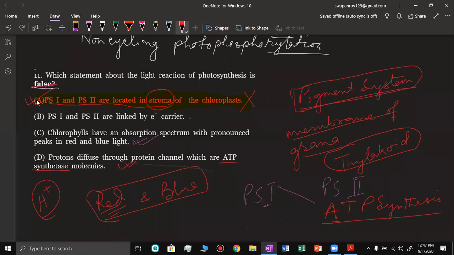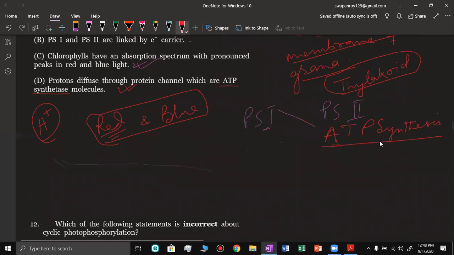So our answer is A. This is wrong. And we know that the site of the light reaction is the grana thylakoid, and stroma is the site for the dark reaction. Okay, move to the next question.